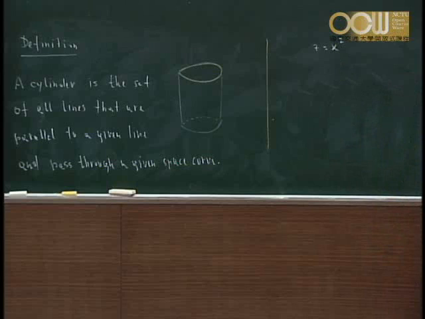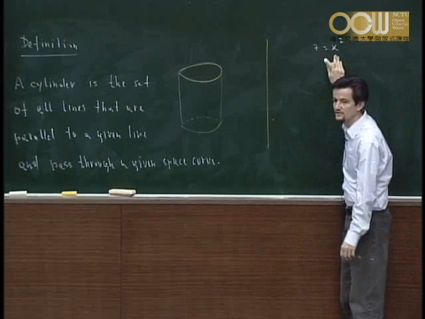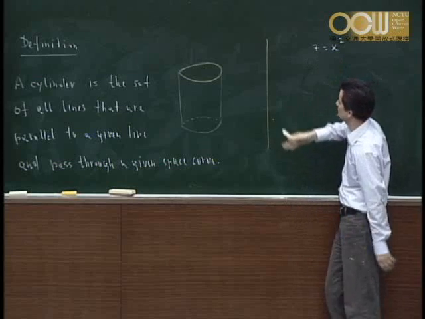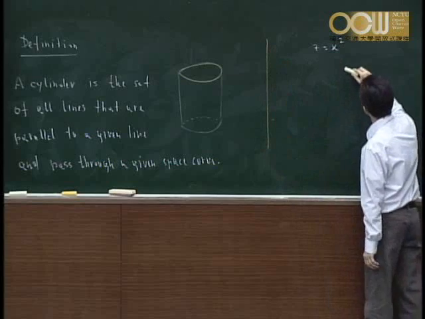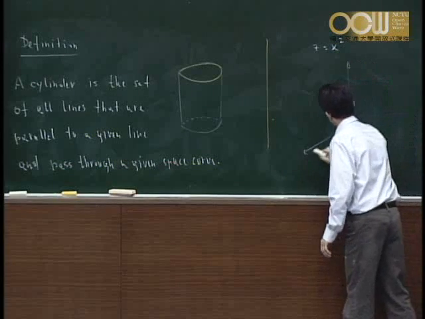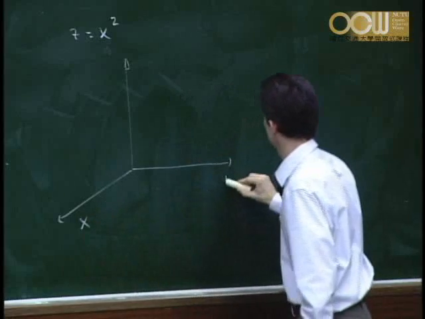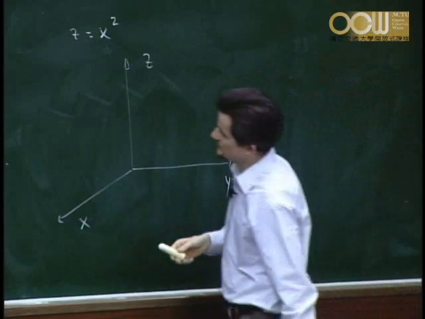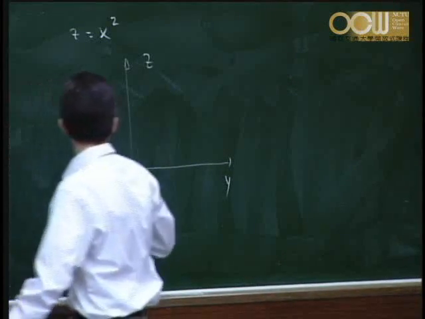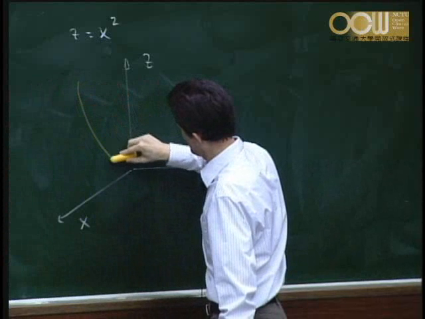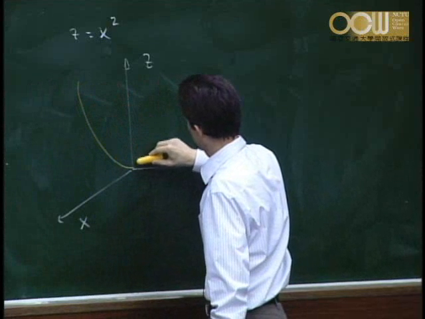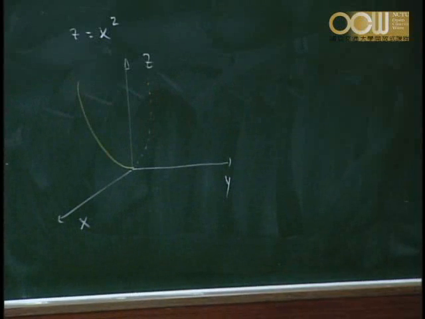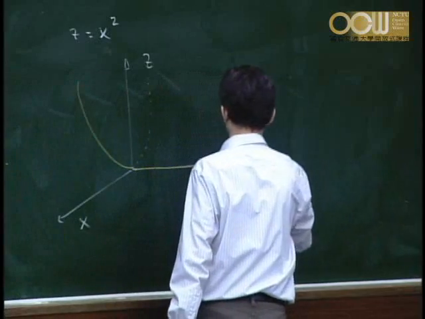Then this will normally make up a cylinder, because this describes a space curve, and the y direction is arbitrary, so the y direction is this line here. If we draw this, we have here x, here y, here z. So this yellow curve here is given by this equation, and our line is the y-axis.